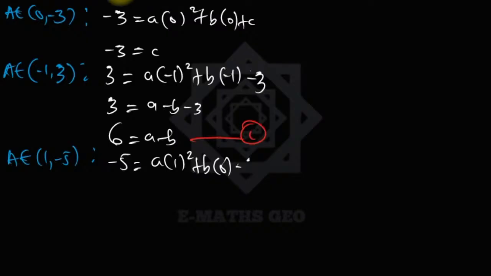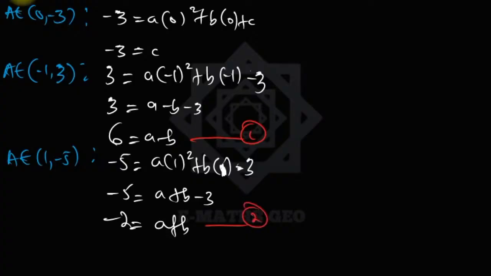I've told you that's the reason I got it first. So this is a, this is 1, sorry, so this is plus b minus 3. So I have that this is minus 2 equals a plus b. That gives equation 2.